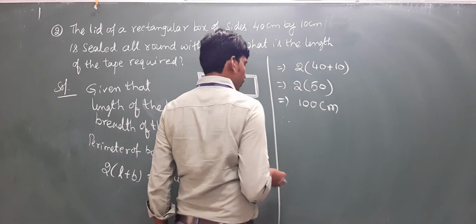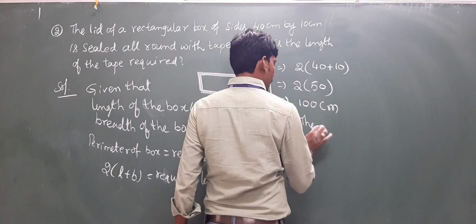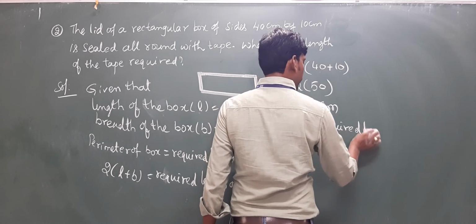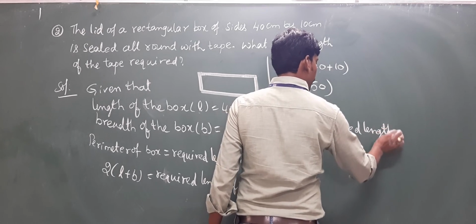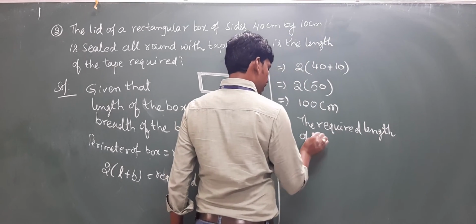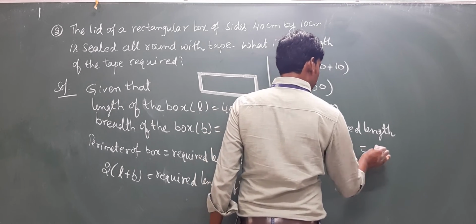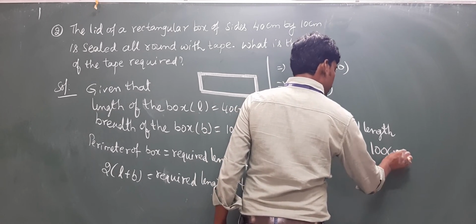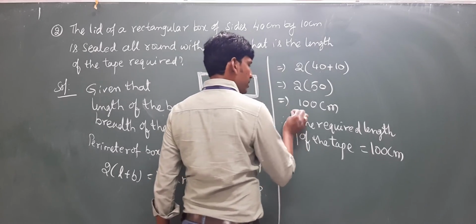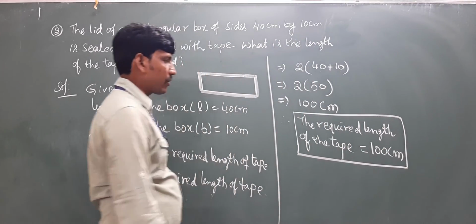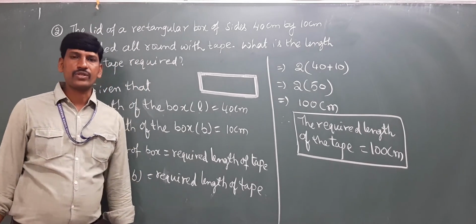So therefore the required length of the tape is equal to how much? 100 centimeters. So this is nothing but the perimeter of the rectangle, which gives the total required length of the tape.